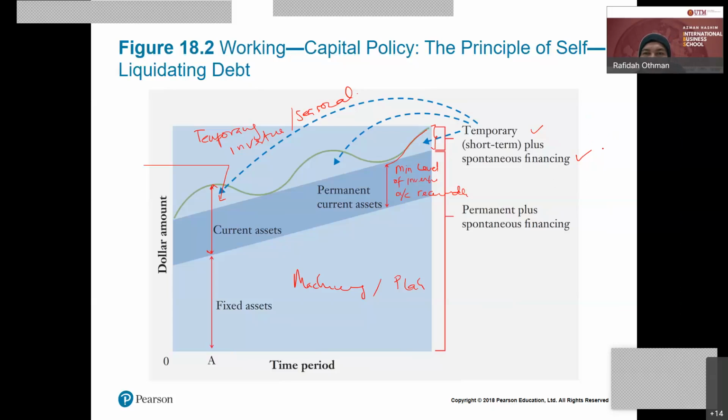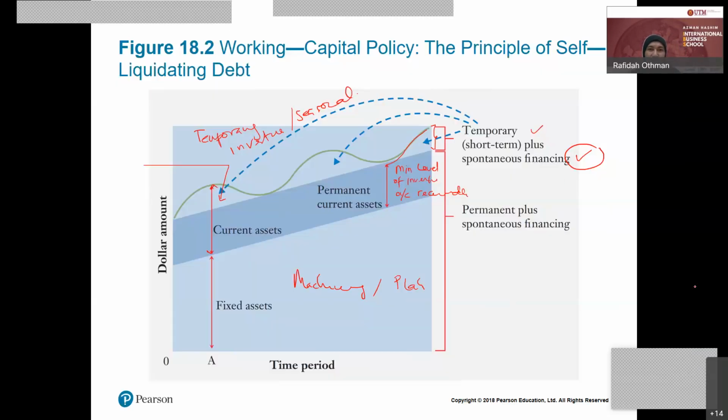So what is spontaneous financing? Who's going to answer this? Sharul, what is spontaneous financing? Is it some sort of financing for some unanticipated events?